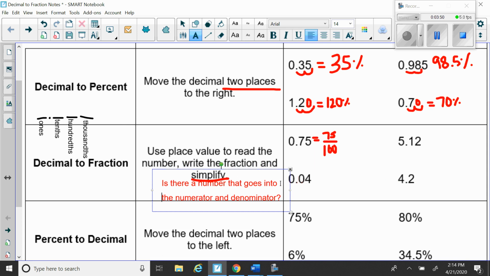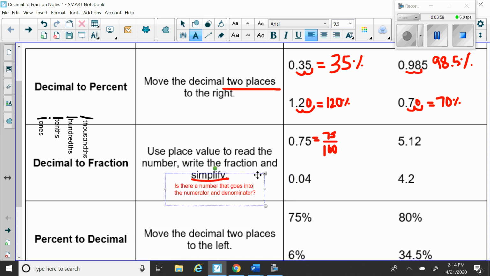That's the question you need to ask yourself when we're looking at whether we can simplify. If the answer is yes, then you can simplify. If yes, divide by that number to simplify.